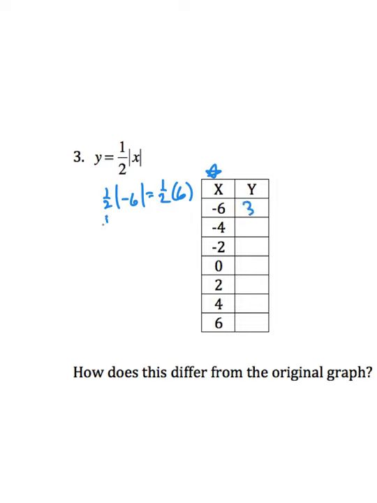And then if we do 1/2 times the absolute value of negative 4, we get 1/2 times 4, which is 2. Plug in negative 2, absolute value of that is 2, half of that is 1, and so on.